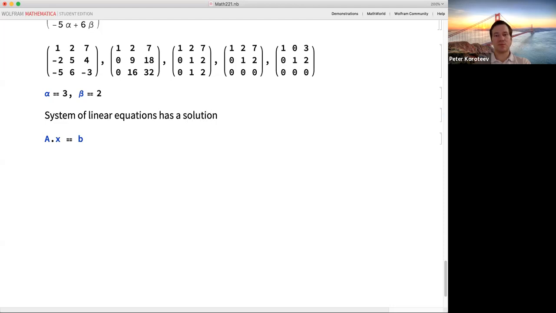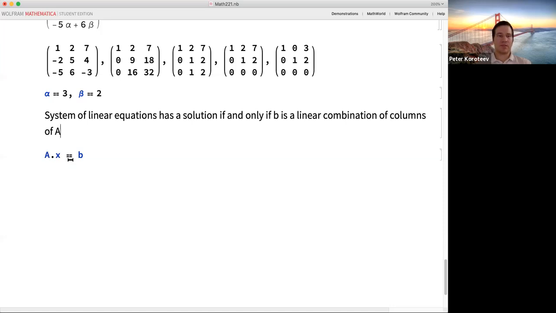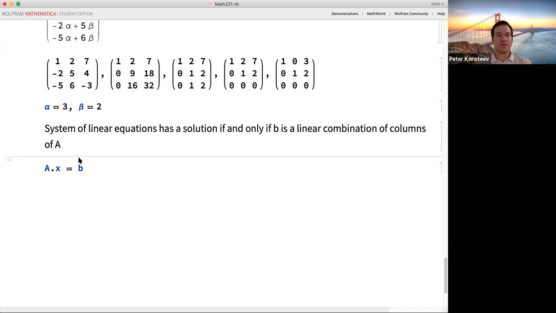It can be one solution, or it can be infinitely many solutions, if and only if vector B can be represented as a linear combination of columns of A.